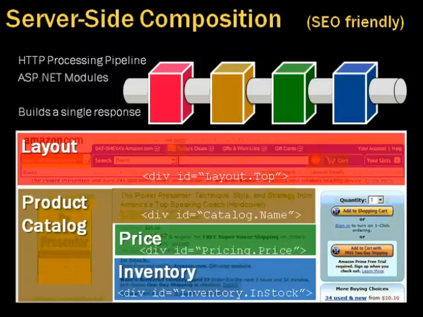So in this HTTP processing pipeline style, every one of the autonomous services sees the request for the specific product page with the specific product on it. Each can go to its backend systems, each one to its own database. Product catalog goes to its own database, looks up the product with its ID. Same thing with price, same thing with inventory.